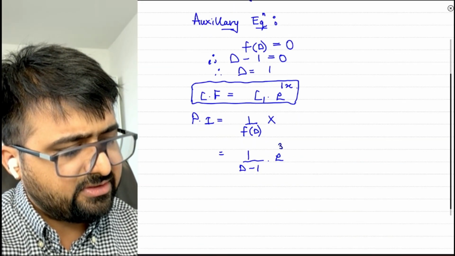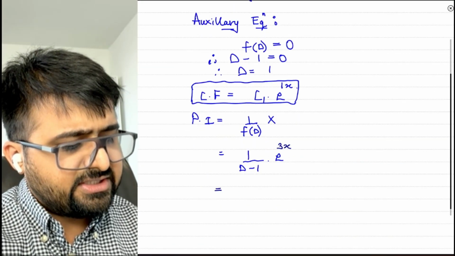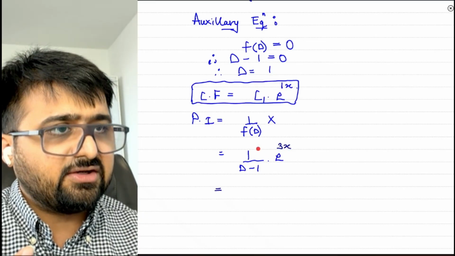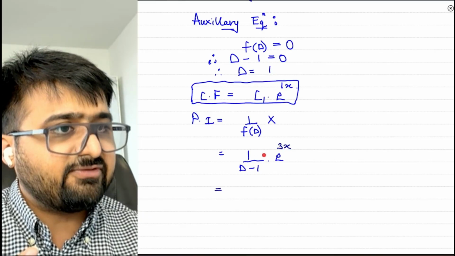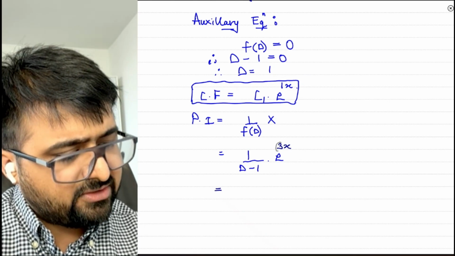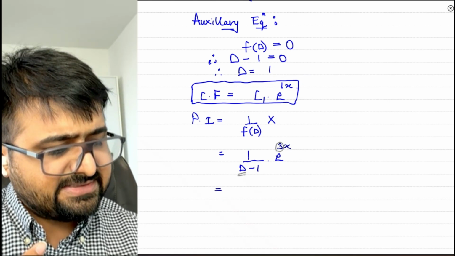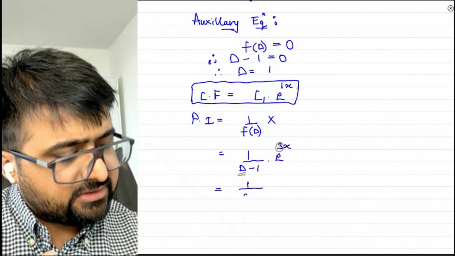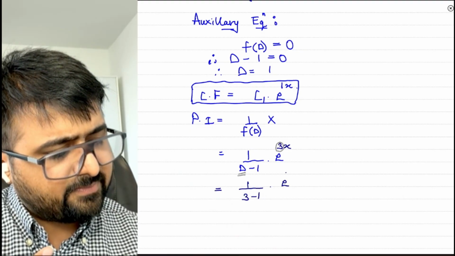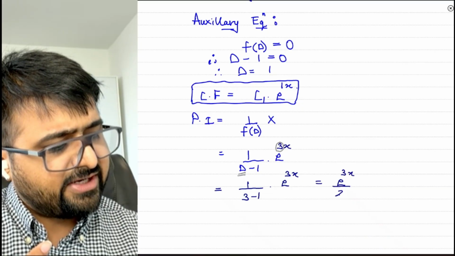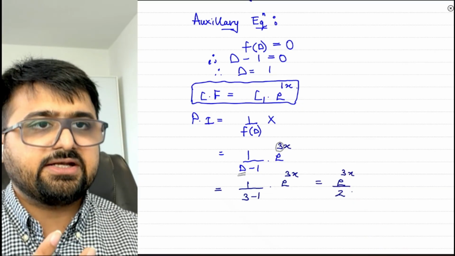Now, since this is e to the power ax, in order to find the particular integral of this, you can just substitute that value of a into the function of D. So this is very easy. This will just become 1 over 3 minus 1 into e to the power 3x. So this will be e to the power 3x divided by 2. So that's your particular integral, or PI.